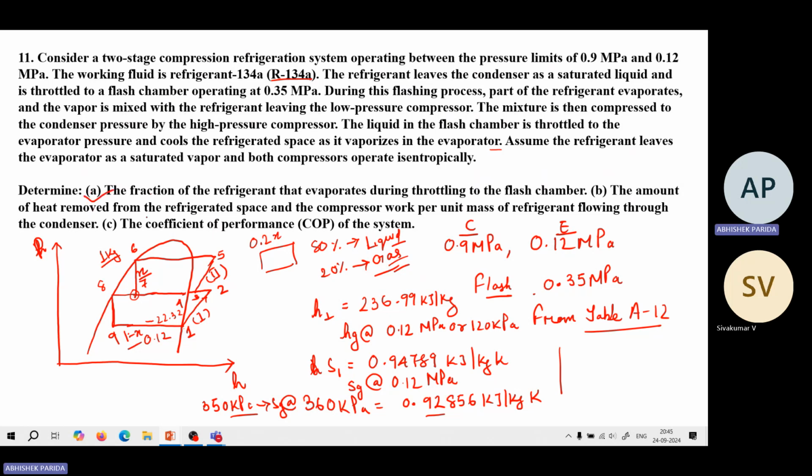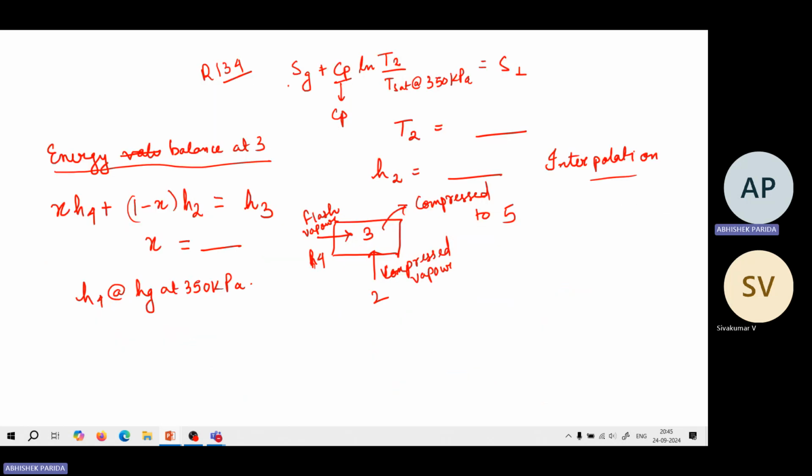Then the amount of heat removed from the refrigerated space. How to find out that? Refrigerated space means it is asking QL, the refrigeration effect. So it is asking H1 minus H9. Of course you cannot find out m dot, so consider it to be 1.